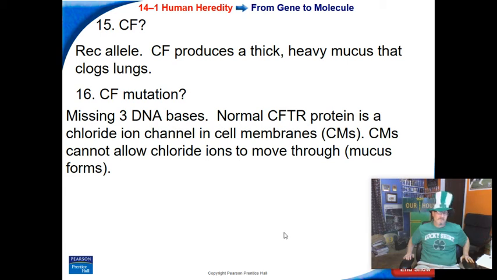So because the CFTR protein is mutated, chloride ions cannot move through. They build up, and you get a mucus that forms. Moving ahead.